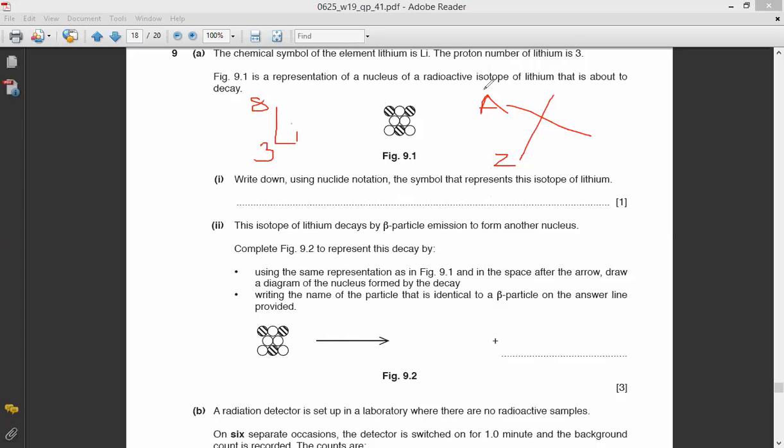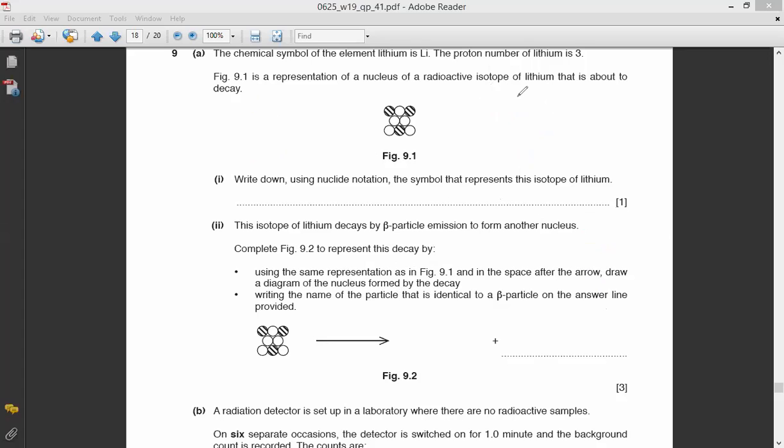Now, this isotope of lithium decays by beta particle emission to form another nucleus. We have different kinds of emission. We have alpha emission, beta emission, and gamma emission.